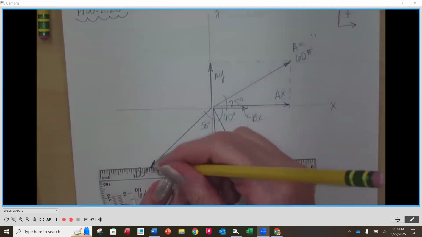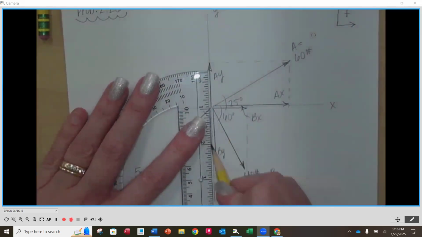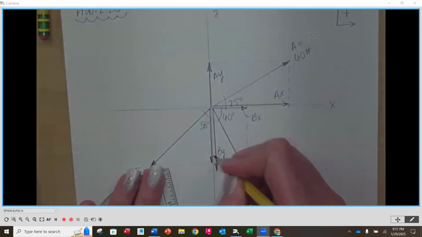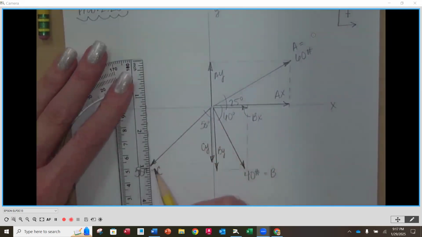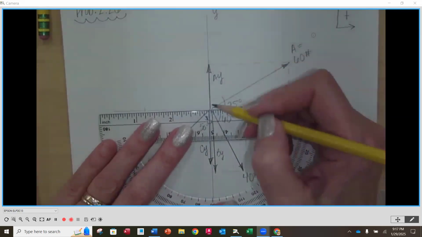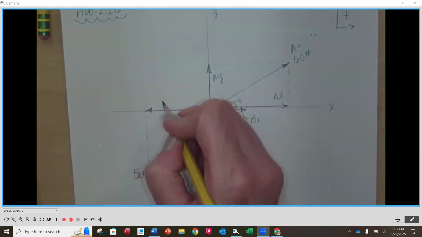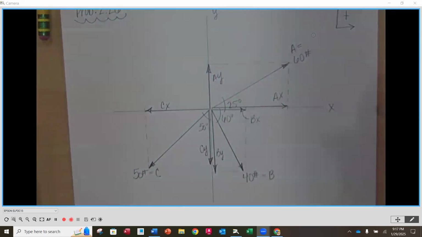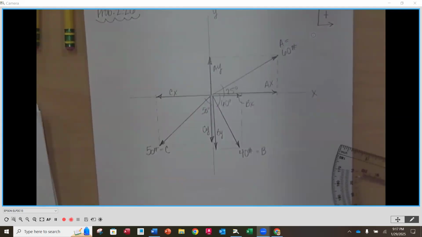Then I'm going to have my CX and my CY. There we go. Okay, so all of them clearly labeled, right? I'll give you a chance to catch up.